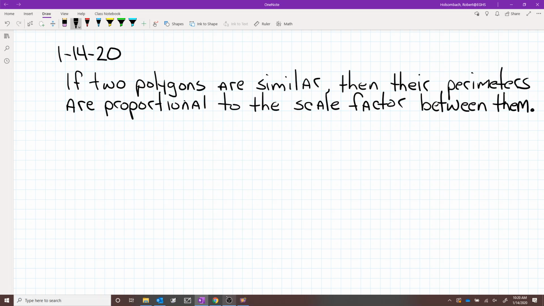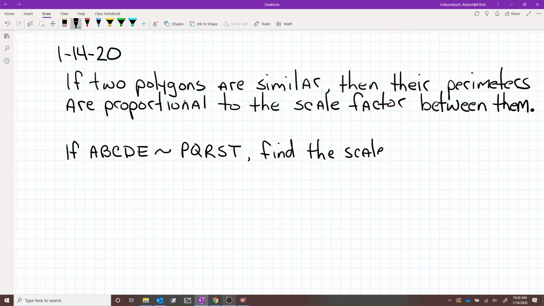Says, if ABCDE is similar to PQRST, find the scale factor and the perimeter of each polygon.